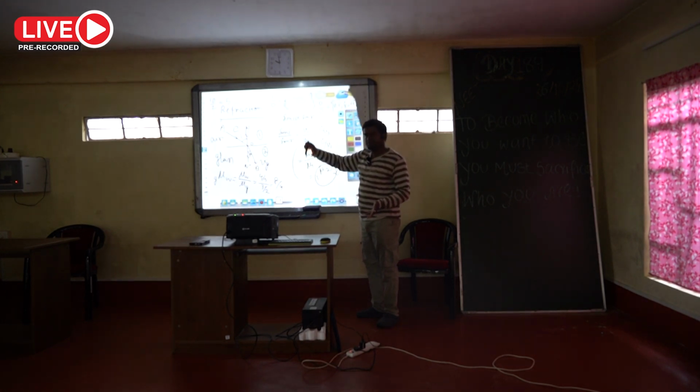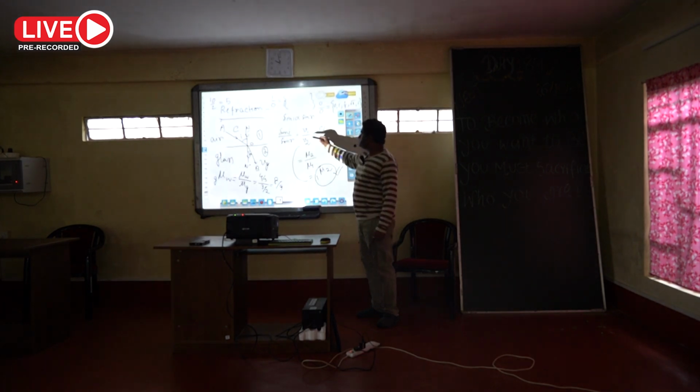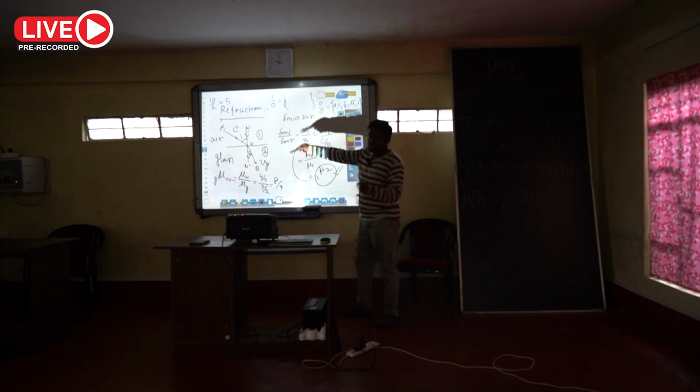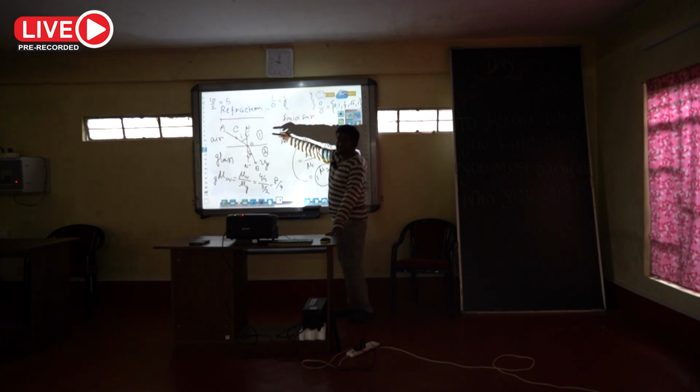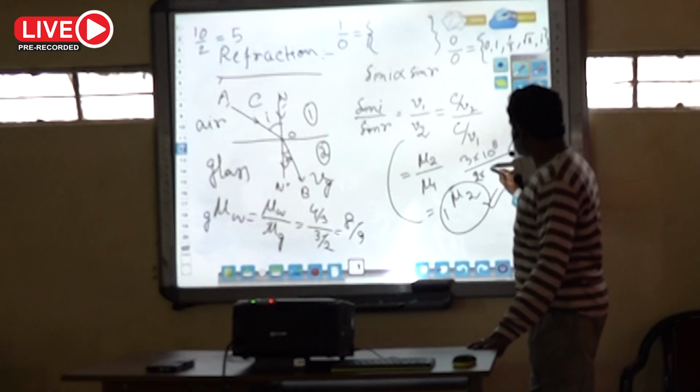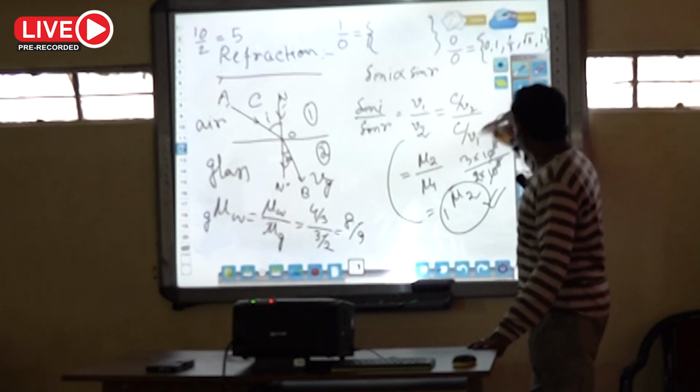But normally we know that A mu g means speed of light in medium 1 by speed of light in medium 2. So medium 1 is air, and I can write the speed of light v1 equal to 3 into 10 to the power 8 meter per second. Speed of light in the second medium, glass, is 2 into 10 to the power 8 meter per second, and immediately we can write the result is 1.5.